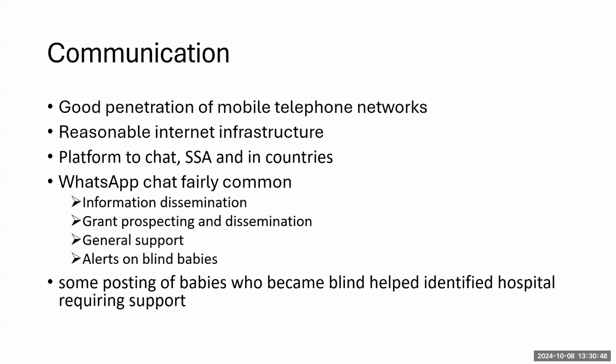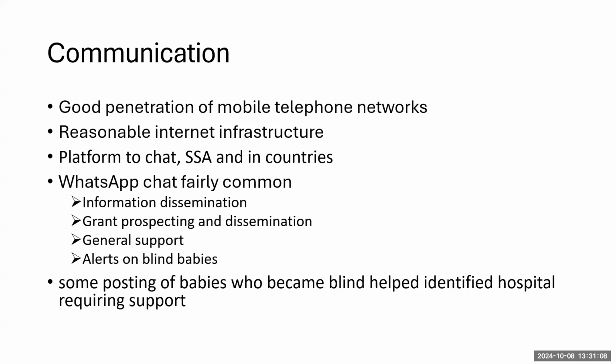Communication. We have that going for us in Africa. Good penetration of mobile telephone network with some reasonable internet infrastructure, which has made available to us the ability to have professional chat groups. We use WhatsApp commonly.